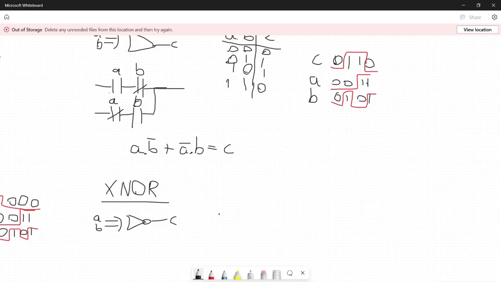Let's take our formula. We know that this is A, this is B invert, plus A invert B. And now, since this is all inverted, this is going to give us C.